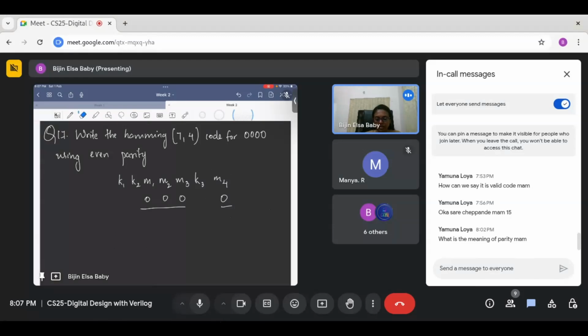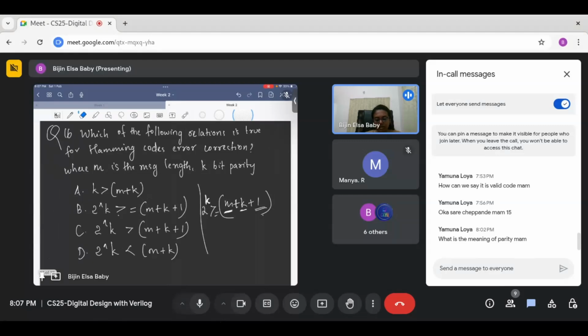So how to find it? 2 raised to K should be greater than or equal to M plus K plus 1.